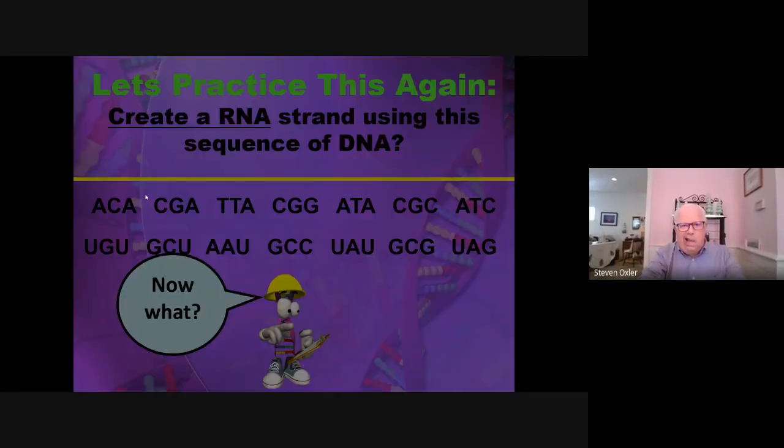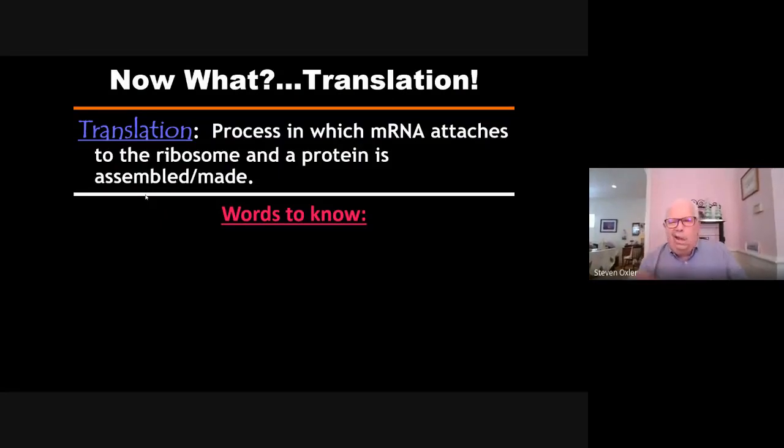Now what? Well, it has to be translated now. So the process in which mRNA attaches to the ribosome and a protein is made is called translation. The making of mRNA is transcription, but to make a protein is called translation.